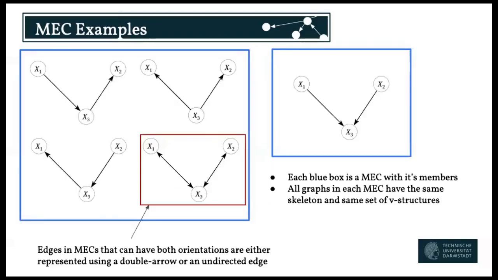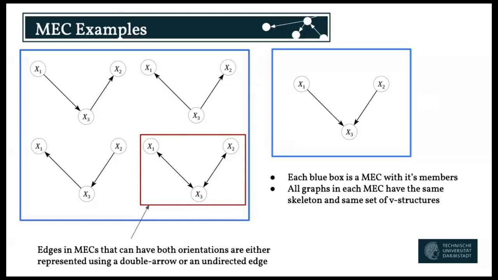As an example, let's look at this three-variable case here. So we have these three variables, x1 to x3, and on the left-hand side we have three candidate graphs.